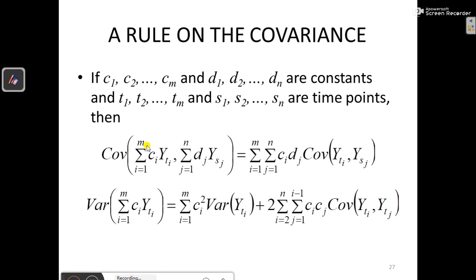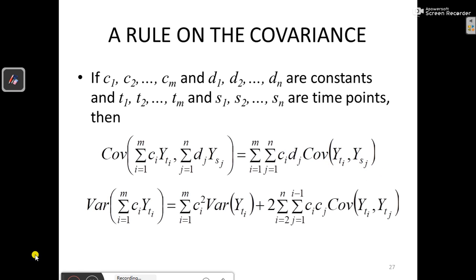The covariance of both series for different time points equals the summation over i equal to 1 to m, into the summation over j equal to 1 to n, a nested summation, of ci dj, the multiplication of the constants, into the covariance of Yti comma Ysj, and we can get this covariance from the previous equations.